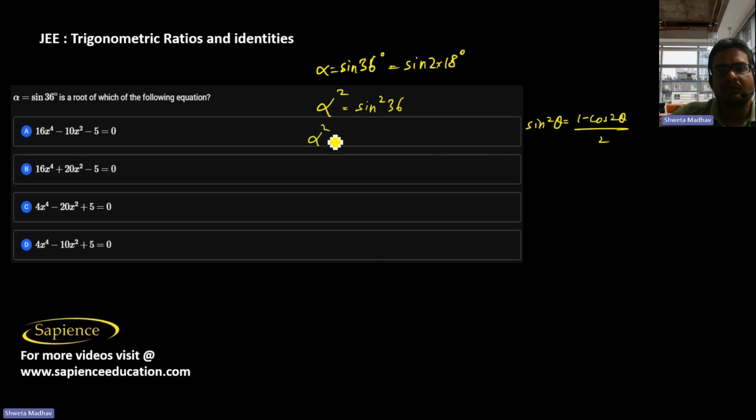So now alpha square I can write, sine square 36 is 1 minus cos square 36 degree. Now cos 36 is equal to root 5 plus 1 by 4. Therefore alpha square equal to 1 minus (root 5 plus 1) whole square by 4 whole square.